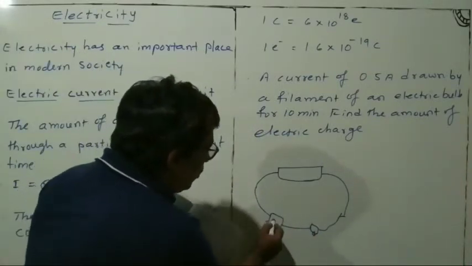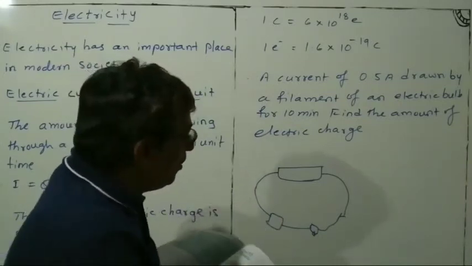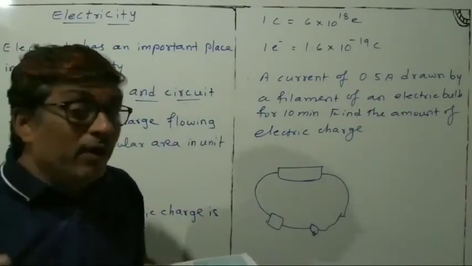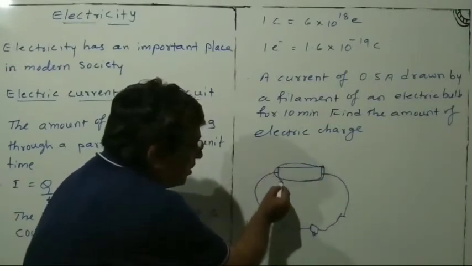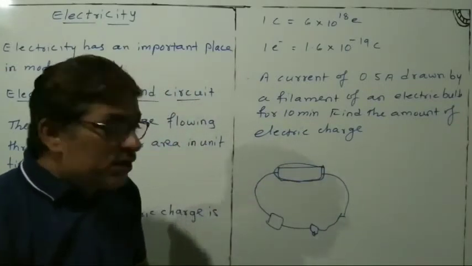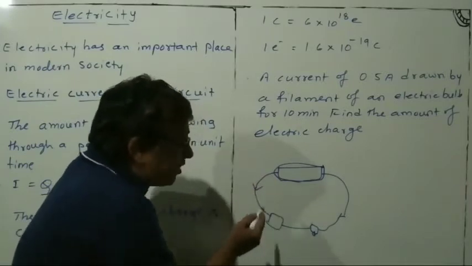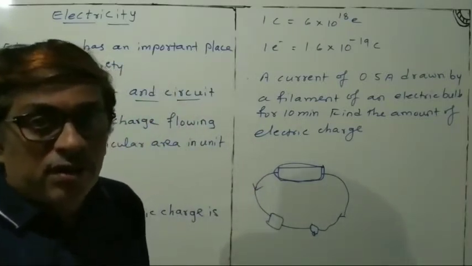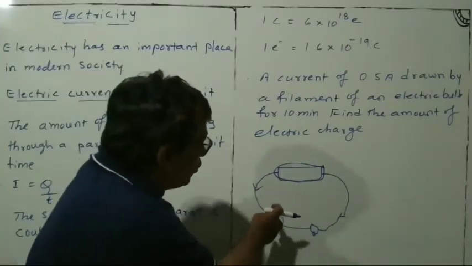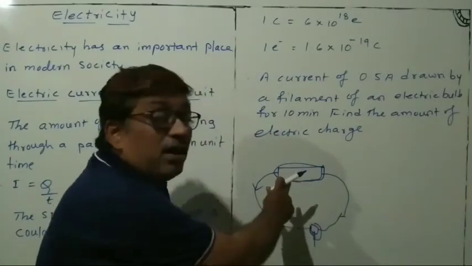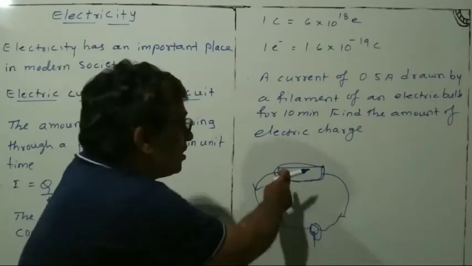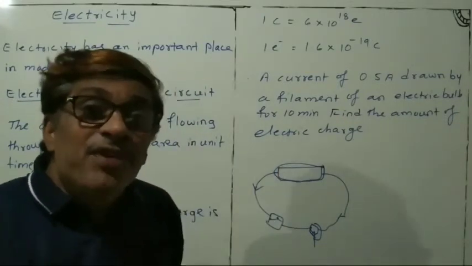Now, whenever this circuit, see, this is the switch, this is the cell. Through this cell, this is what we are calling the conductor wire. When you switch on, the bulb will glow. The cell is the energy source.